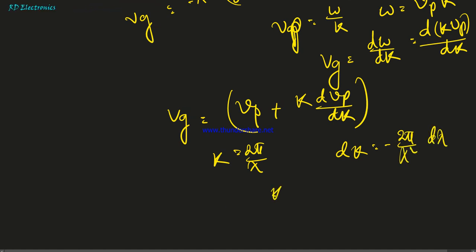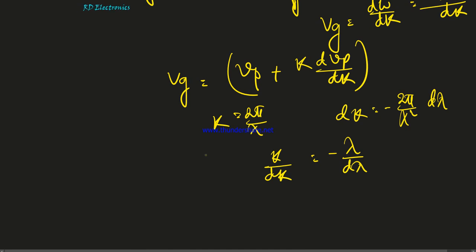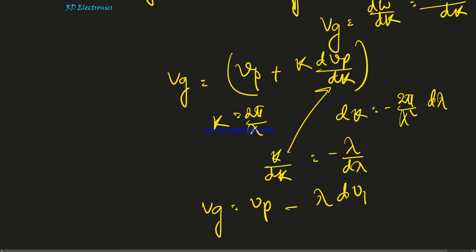Next, we express k dVp/dk using this. Putting this value, Vg equals Vp minus λ dVp/dλ.